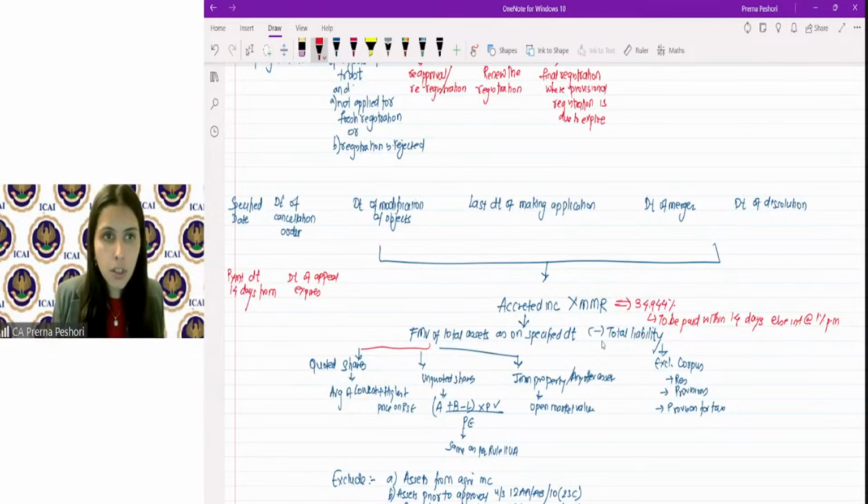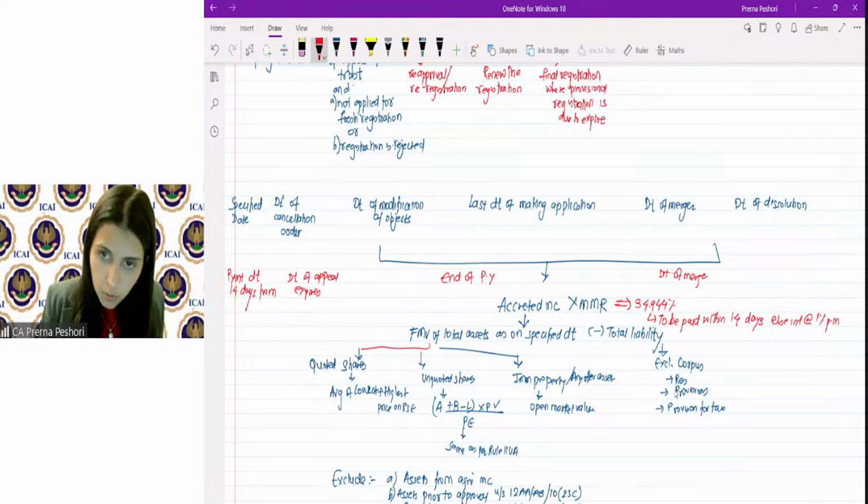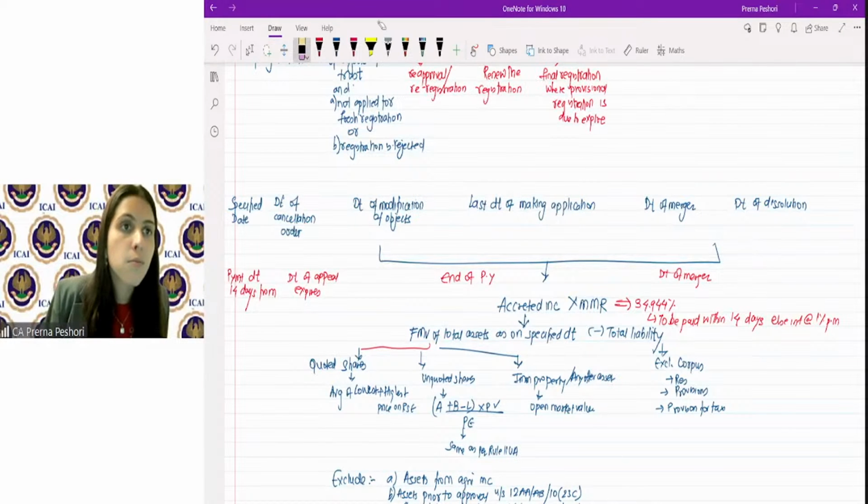In case of the modification of the objects, again the same. End of the previous year. In both these cases, it is 14 days from the end of the previous year. And in this case, it is 14 days from the date of merger, and here it is 14 days from expiry of 12 months. Okay.